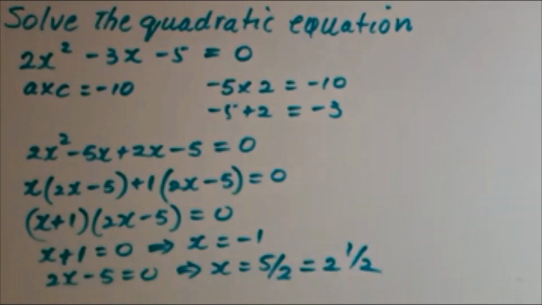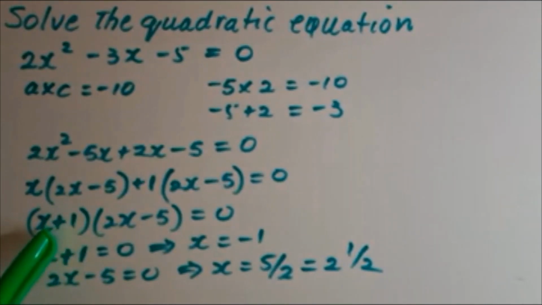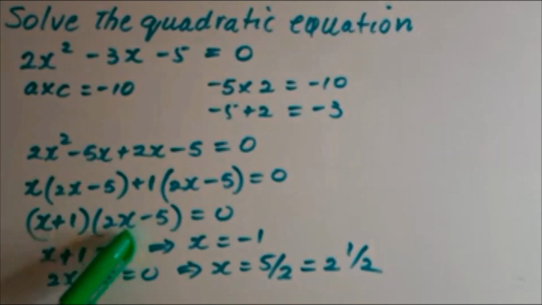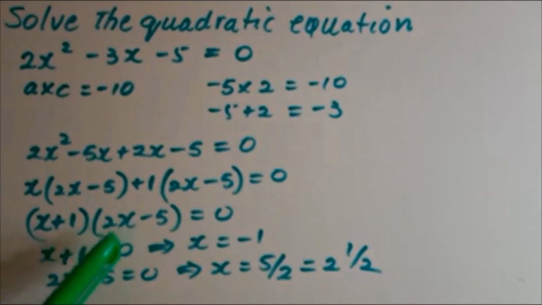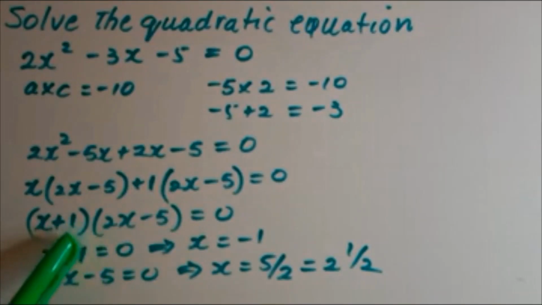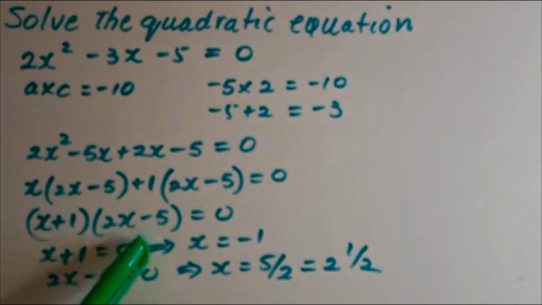Now if you're wondering why I've just equated this to 0: if we give some value to x, in both cases these are two numbers. And if this number multiplied by this number is equal to 0, then x add 1 could be equal to 0, or 2x minus 5 could be equal to 0.